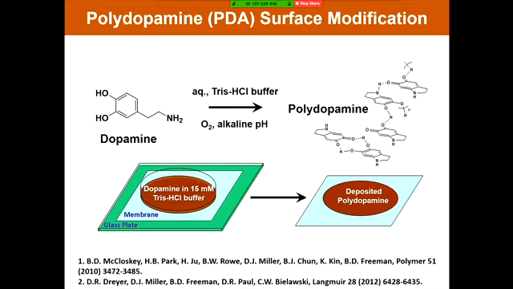And so it turns out that you can take dopamine in a dilute aqueous solution at slightly alkaline pH in the presence of air, and it will spontaneously form a substance in the literature known as polydopamine and deposit onto the membrane surface. We have made a lot of efforts to analyze the structure of polydopamine and have published a couple of papers on that structure.